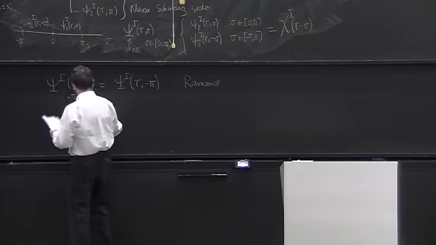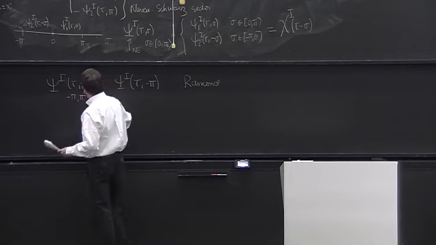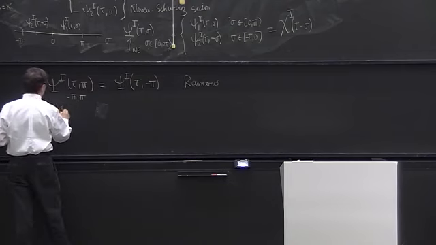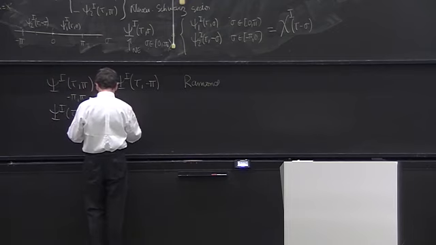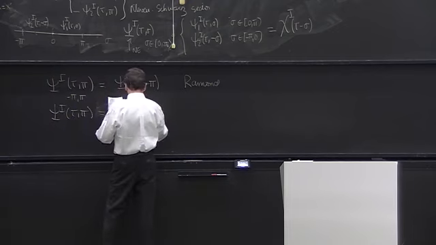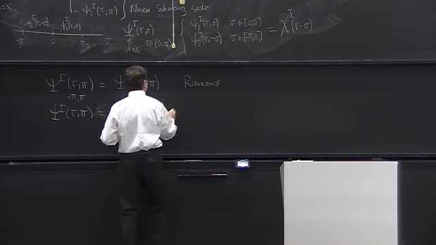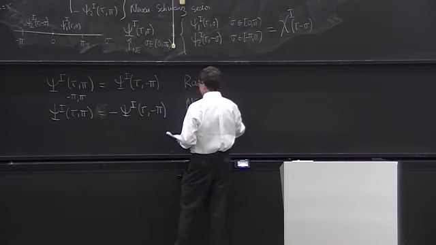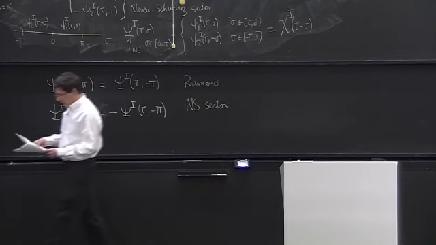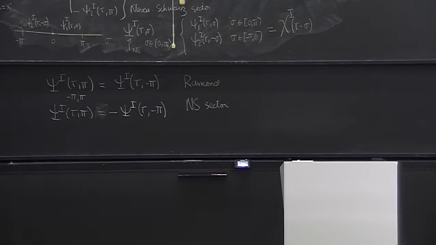And if psi I of tau pi is equal to minus psi I of tau minus pi, that is the Neveu-Schwarz sector. Please review this for tomorrow. Make sure you understand it because we're going to build on this.